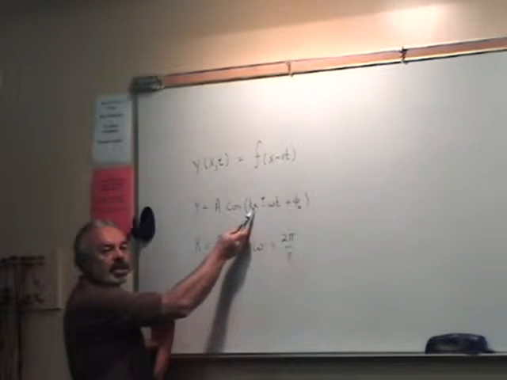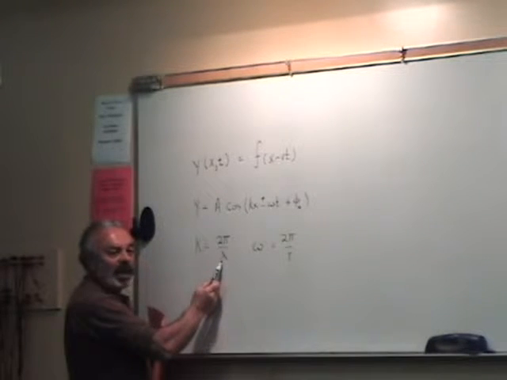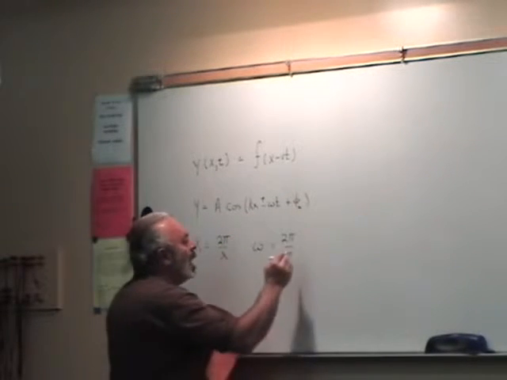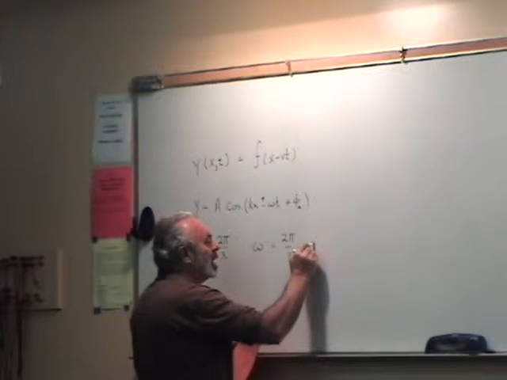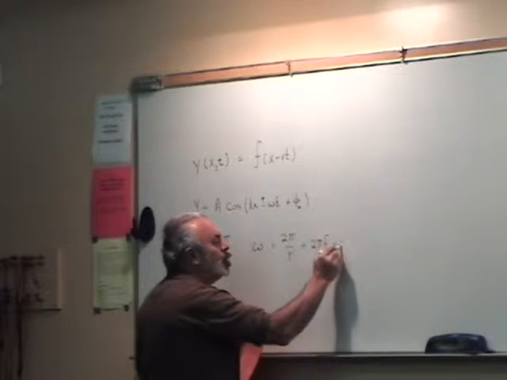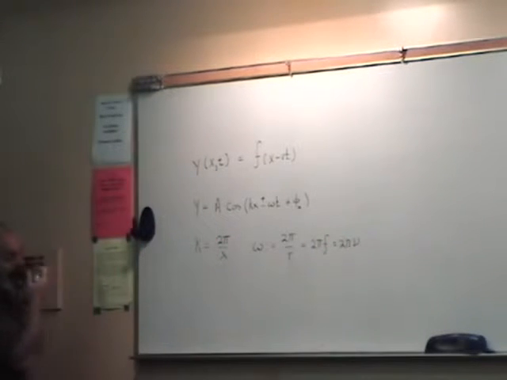Since x has the units of length, you're going to have to divide by something which has to do with length, or t in time divided by something that has to do with time. I think we also went so far as to say 2 pi times the frequency, which is more conventionally written with nu.